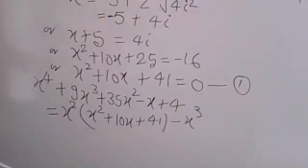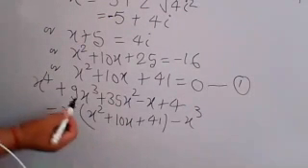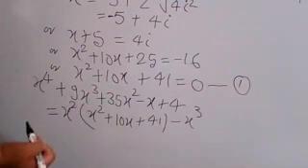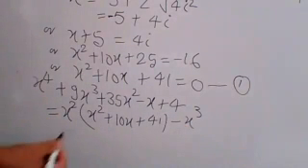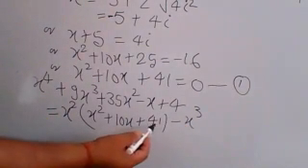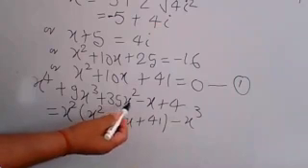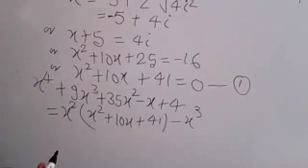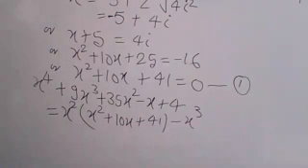Did this step become clear, beta? Yes, sir. Here you balance it because here you have 10x cube and here you have 9x cube, which is given in your question. That's why you subtract x cube. Now here you have 41x square and here you have 35x square. So how many extra terms do you add? 6.